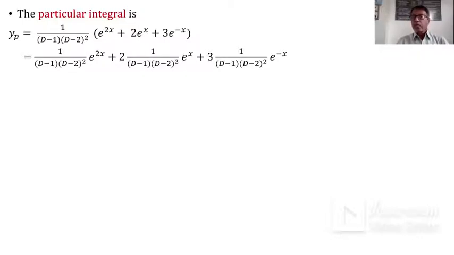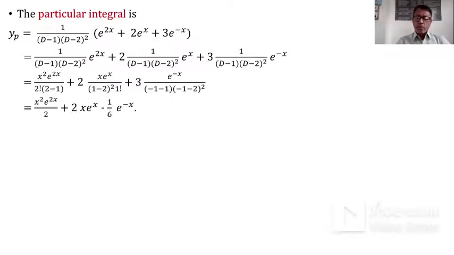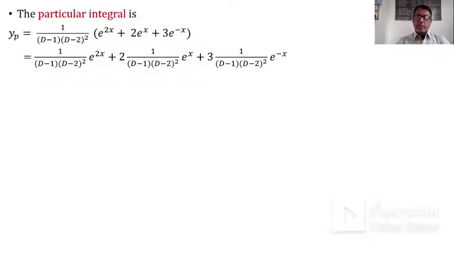Now for the third term, here a is minus 1. If we substitute D by minus 1, then the first bracket is non-zero and also the second bracket is non-zero. Therefore, we can use theorem 1 directly.